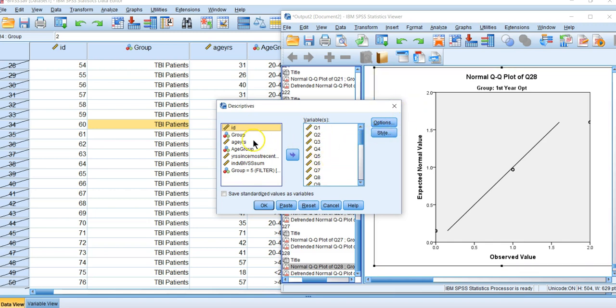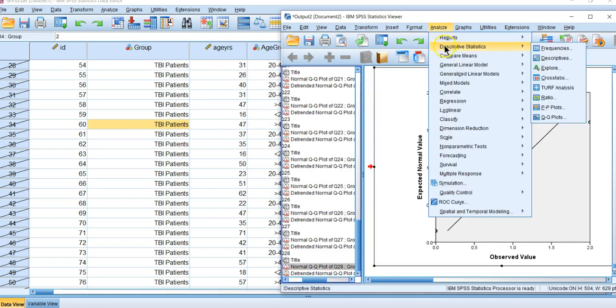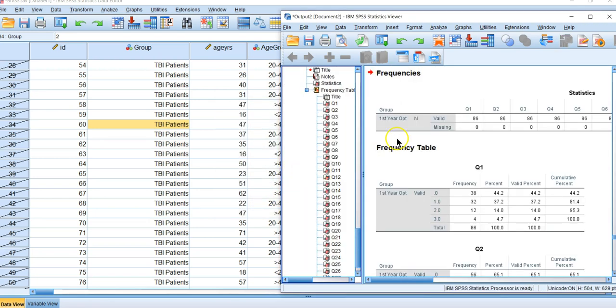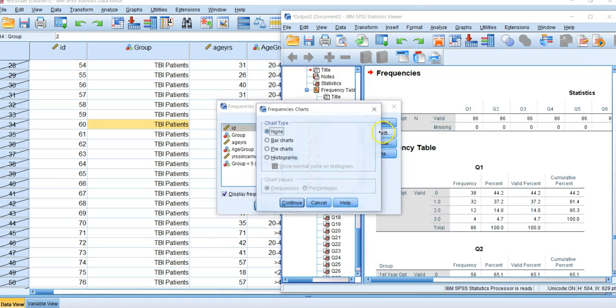Oh, those are descriptives. Cancel. Descriptive frequencies. Oh, not okay. What do we go down to? 28. See what that looks like. I forgot to. We want to look at the plots, histograms.